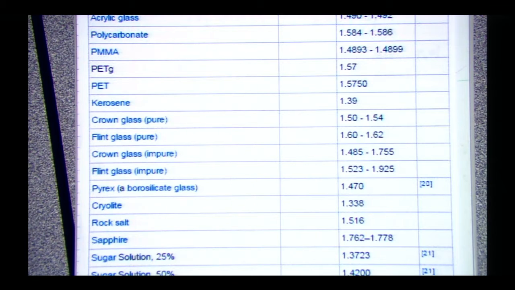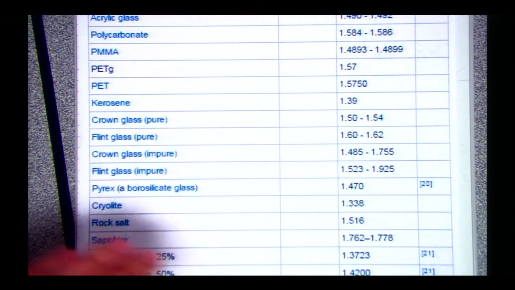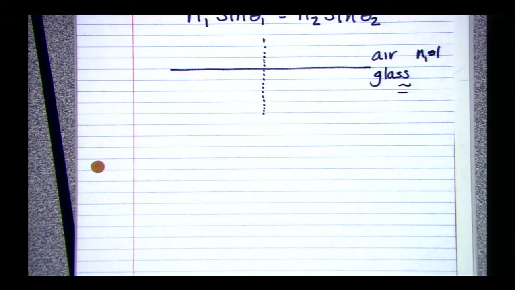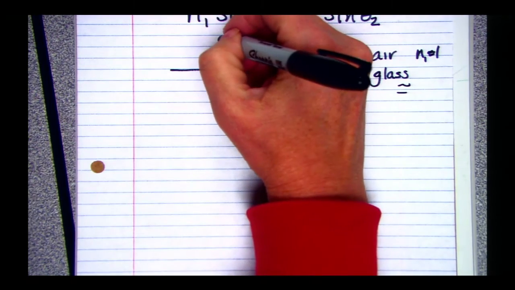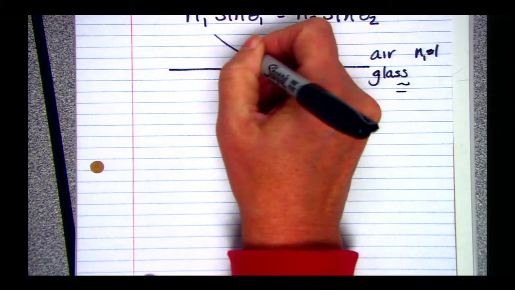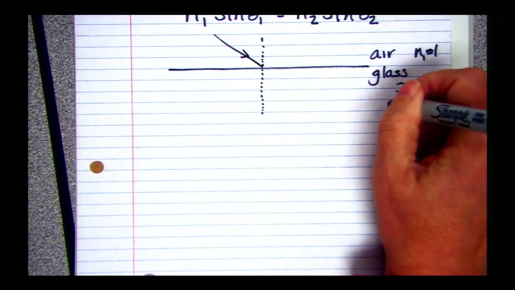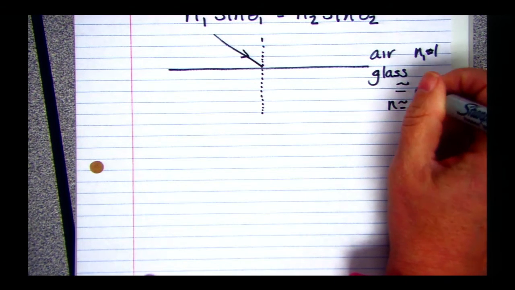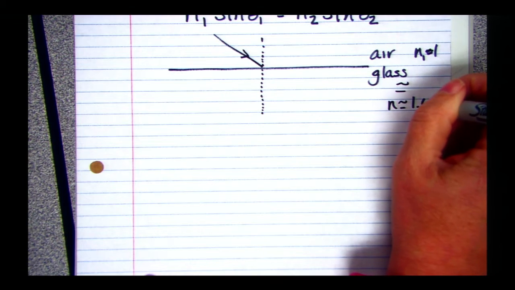But basically what's happening here is when I come in and I have my incident ray, glass is approximately, let's say, 1.6. So this is when n2 is greater than n1. We said that this is going to bend inward.